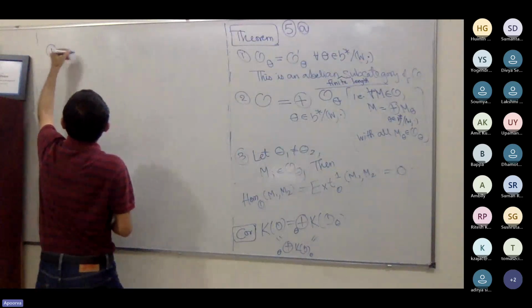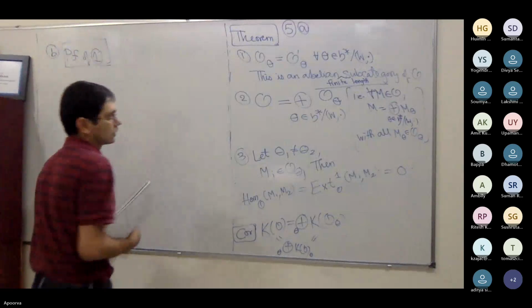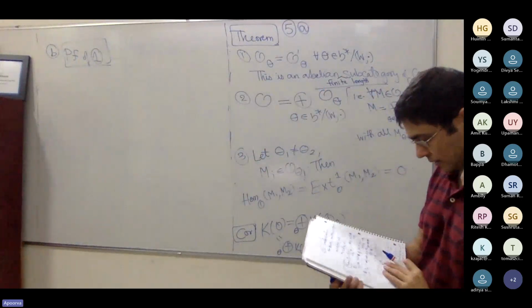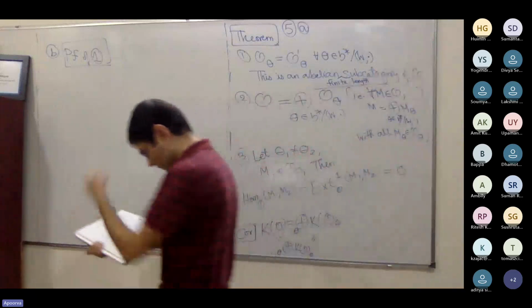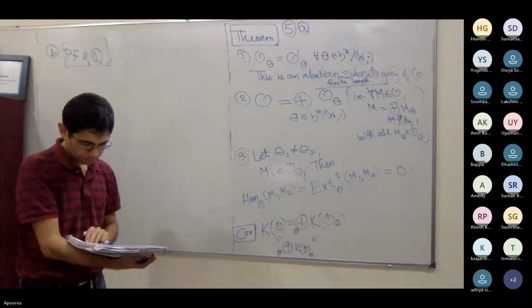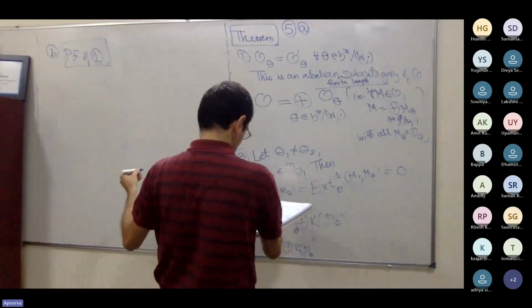Okay, proof of 1. O theta is O prime theta. I have the reverse notation in my function, I decided to switch it here. First of all, let's write any object with its Jordan-Hölder series.